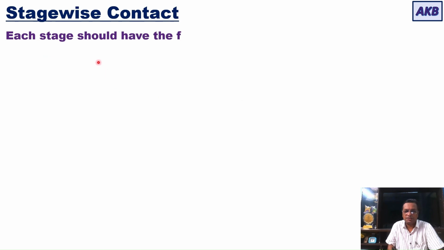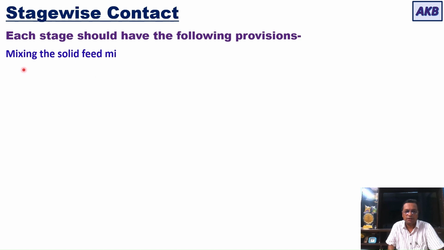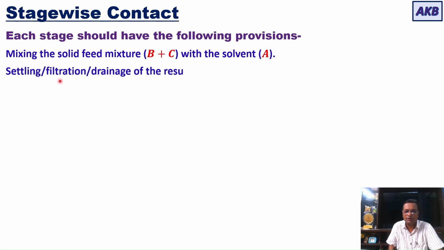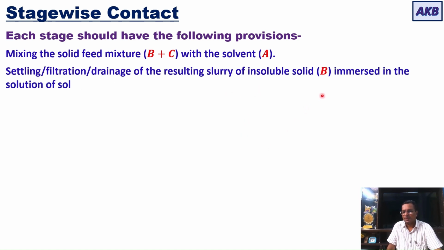Now each stage that is used in stage-wise contact should have the following provisions. There should be a provision for mixing the solid feed mixture with the solvent, and there should be provision for either settling, filtration or drainage of the resulting slurry of insoluble solid B in the solution of solute C in solvent A. So when the solid phase is mixed with the liquid phase, a slurry is formed, and we need to either settle, filter or drain the slurry.